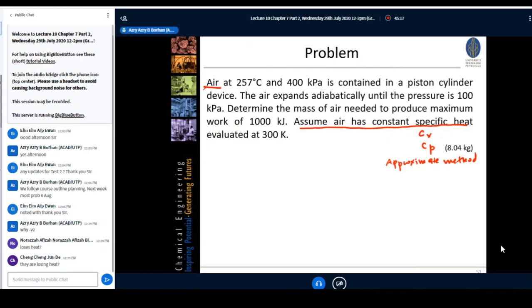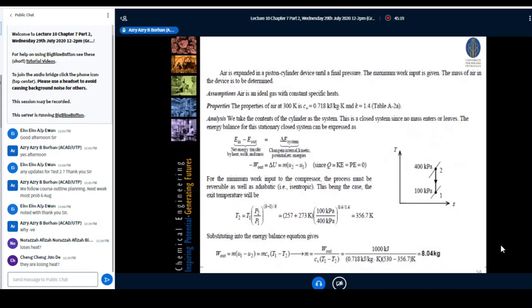Now, as usual, air behaves like an ideal gas with constant specific heat value. You check from your table A2, right? So you take the property of air at 300, which is at room temperature. These are the CV and also the K value for your air.